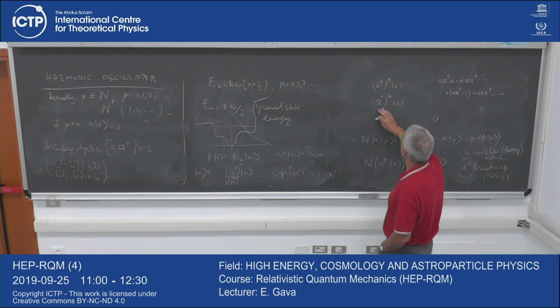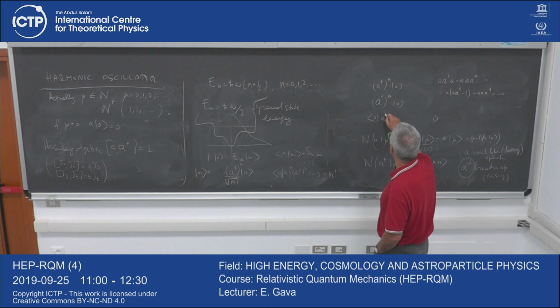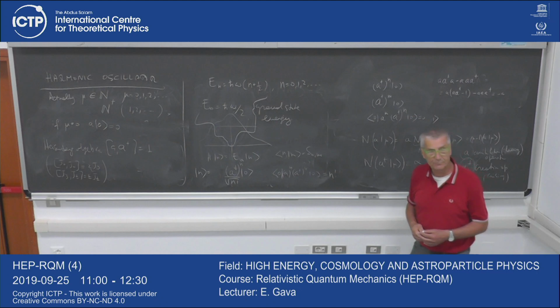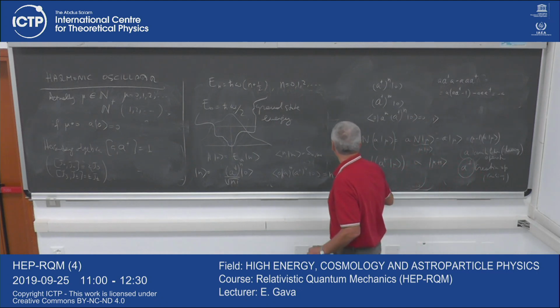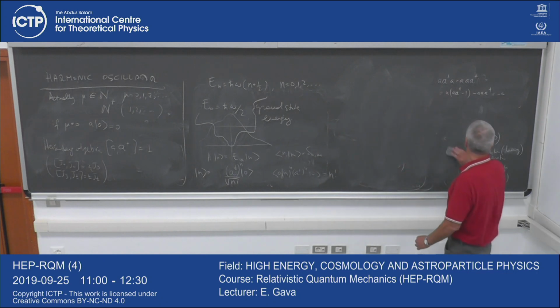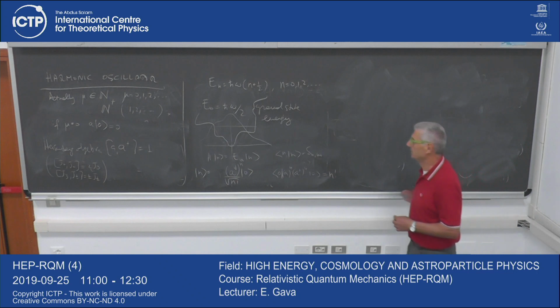Again, you compute the scalar product of this with that, right? You have <0|, a to the m, a dagger to the n, and if m is different from n, you find that this is actually 0. Okay? Nothing remains, so they are orthogonal. So this is an orthonormal basis for our problem, right?